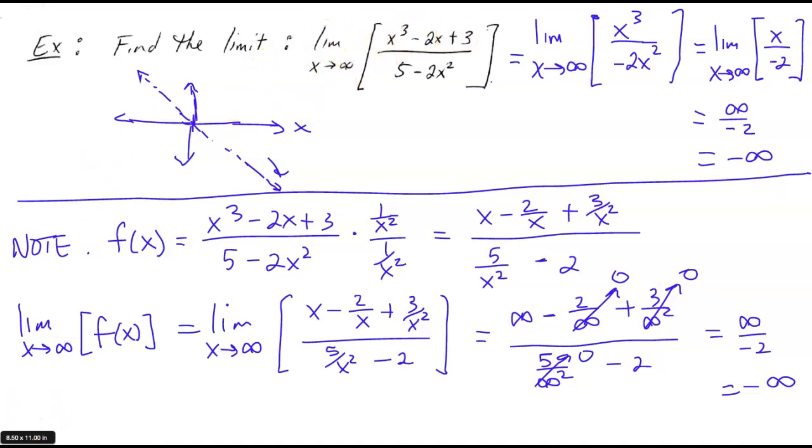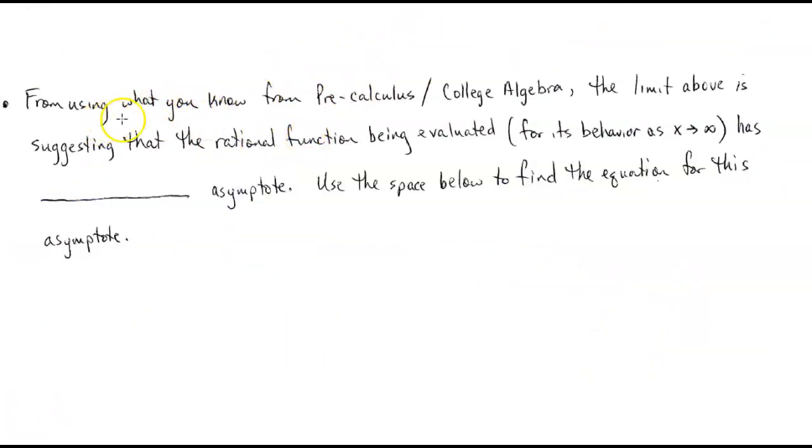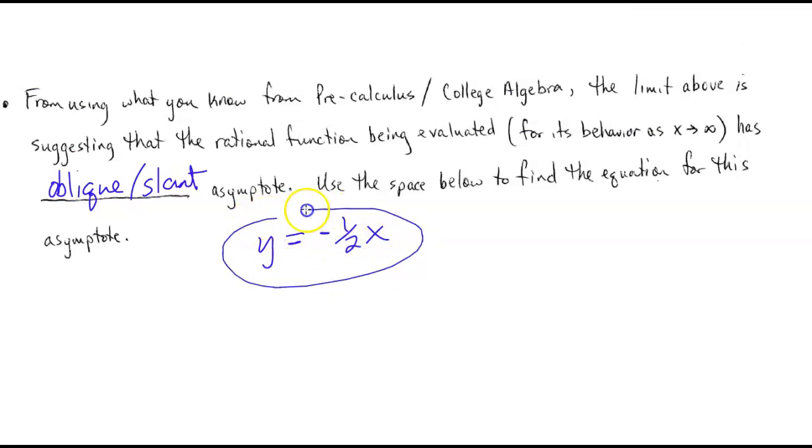All right, so just to recap, using what we know from pre-calculus or college algebra, the limit above is suggesting that our rational function has an oblique asymptote. We can call it slant here because the difference in degree of numerator and denominator is just 1. And we said that the oblique asymptote is going to act like negative 1/2 times x.